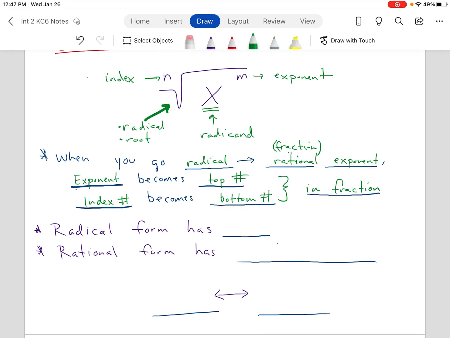Okay, so in radical form, it has a square root in your final answer. And in rational form, or rational exponent, it has an exponent, or excuse me, a fraction as an exponent.